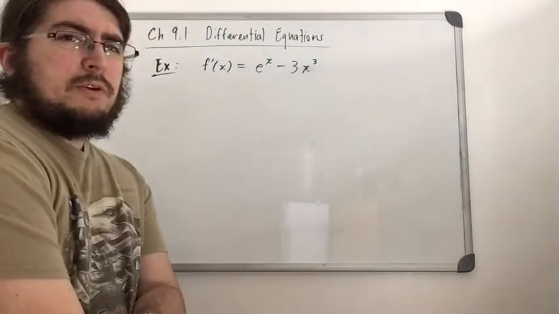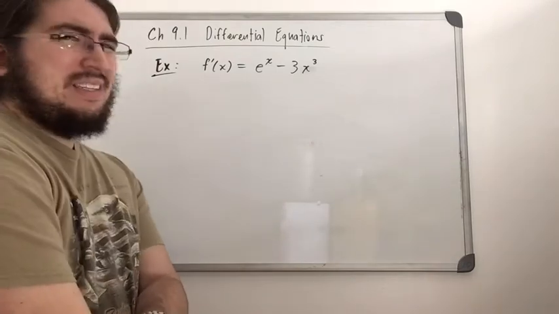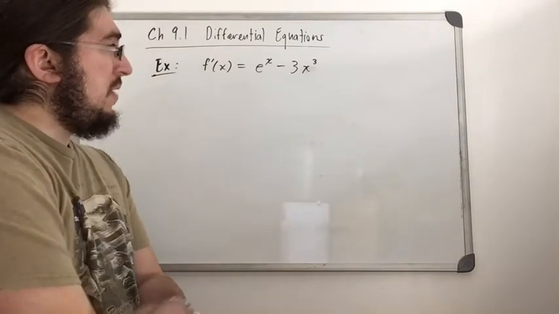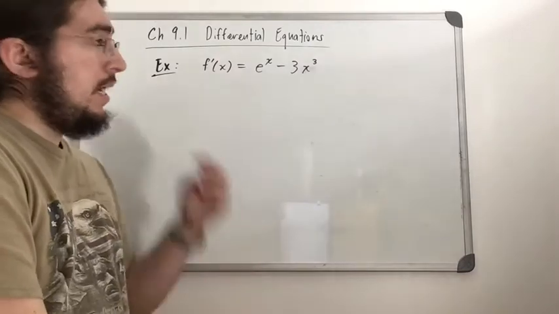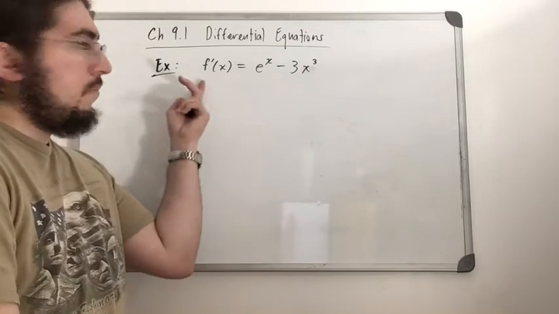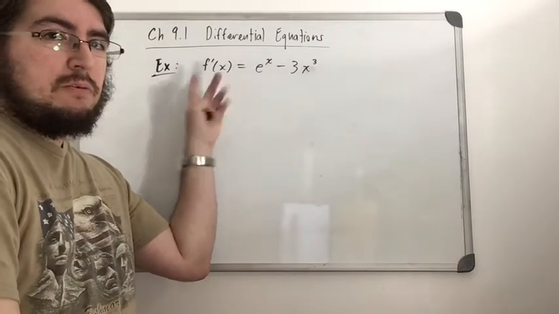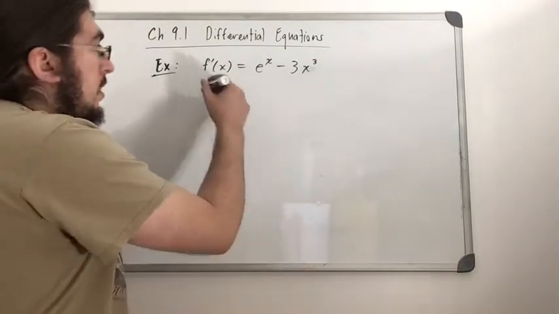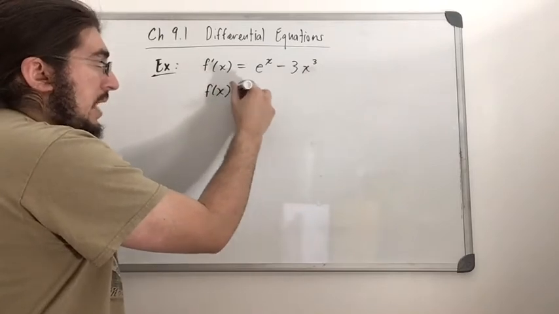Okay, so here's a particular example of a differential equation, and this is kind of a simple one. It says f prime of x is equal to e to the x minus 3x to the third. And how we're going to solve this is, well, how do you get rid of the prime in f prime of x equals? You just antiderive. So the antiderivative of f prime is just f.